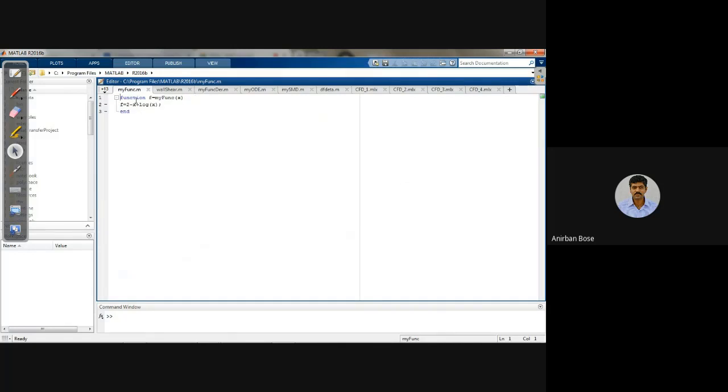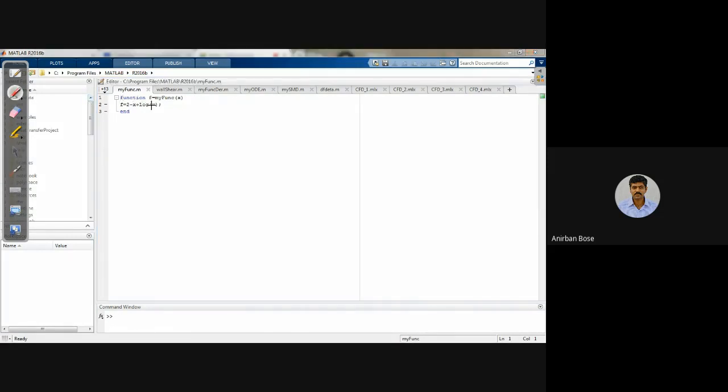Okay, so here you can see the function, you know how to write the function file. function f is equal to myfunc, x is the variable that we are going to use.